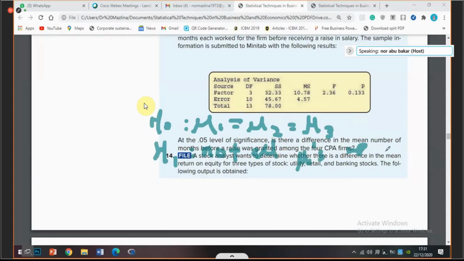I love my handwriting so much. Okay, anyway, what does it mean by the probability being 0.133? What does it mean?